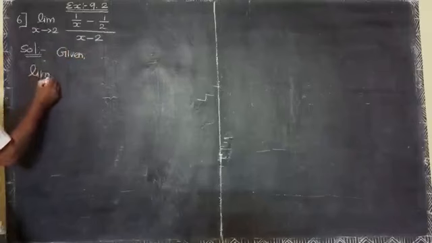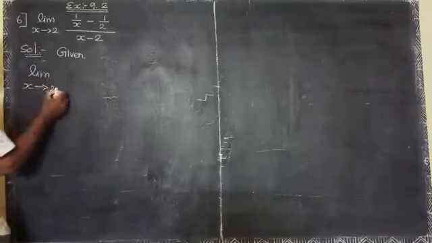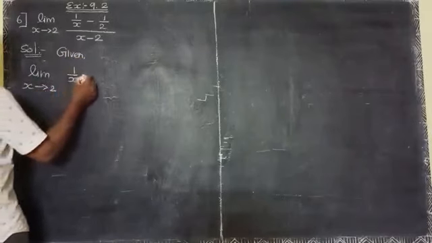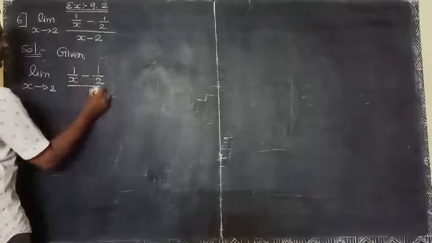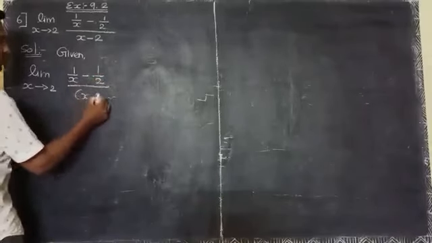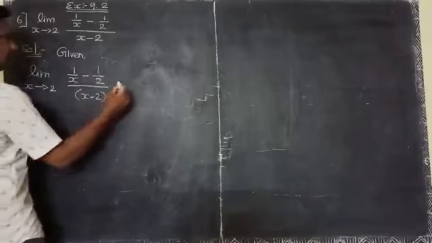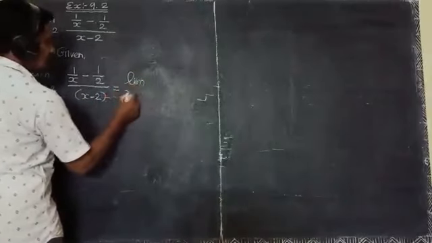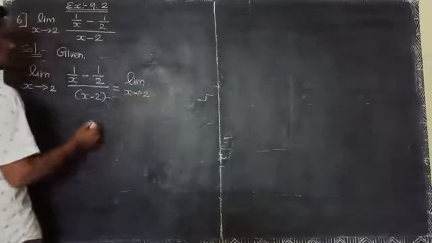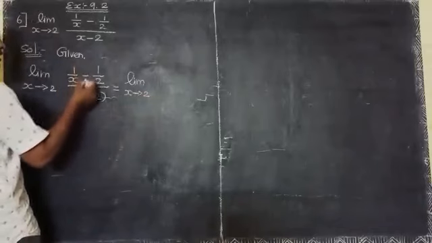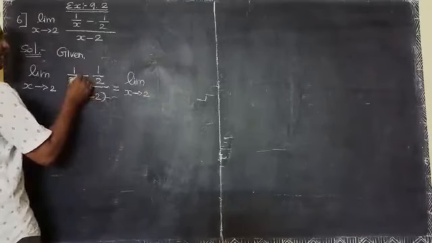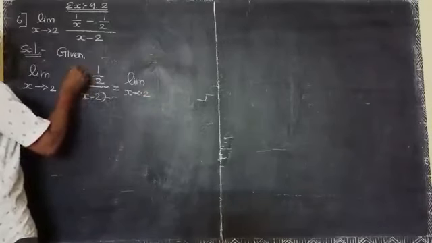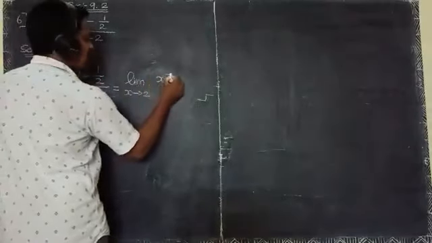Given limit x approaches 2 of 1 divided by x minus 1 divided by 2, divided by x minus 2, which is equal to limit x approaches 2, where in the first term the denominator x goes to the numerator, that is x power minus 1.